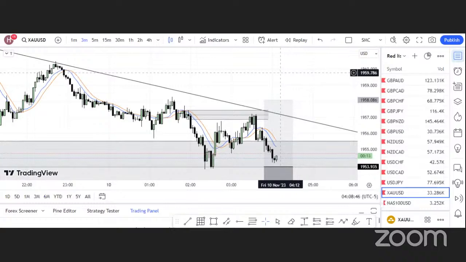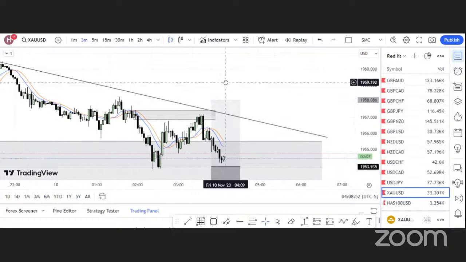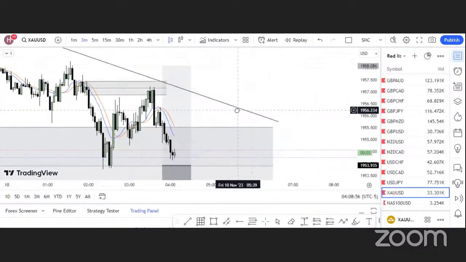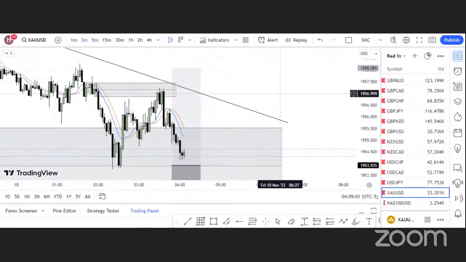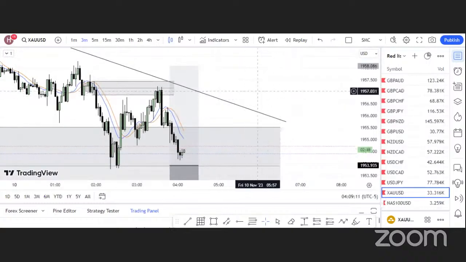So 50 minus 15, you are still going to be left with $35. So guys, to me that is a great win. Using $15 and getting more than 100% of your $15. So that's a good win for me. And that is if you are applying risk management, that is how it's going to be.